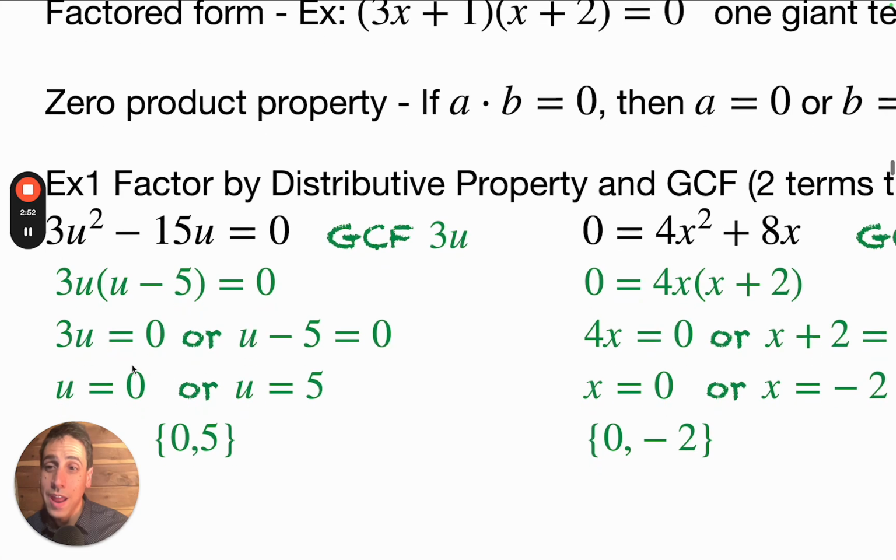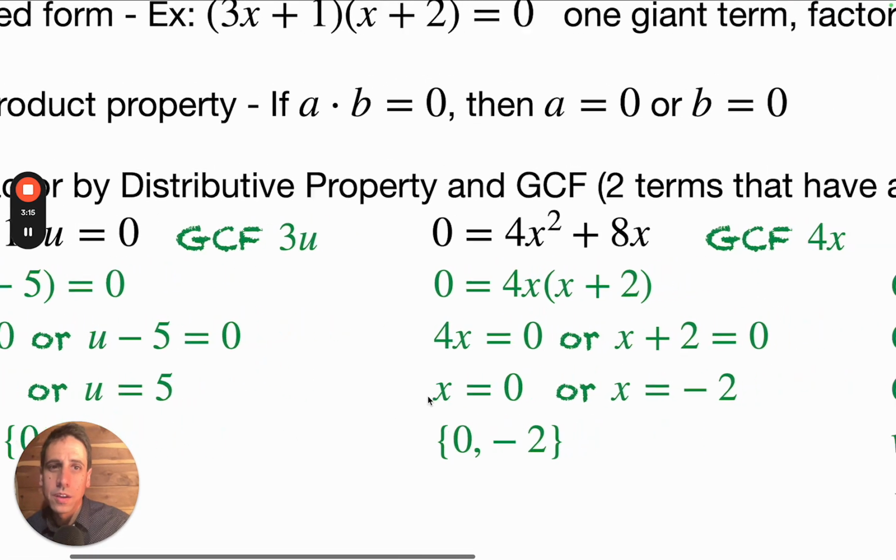And once you do that, now we're in a good place where we can undo operations like we did in Algebra 1. Now the equations are simple because they've been split into two different simpler equations. We can solve them. Undo the multiplication, undo the subtraction, and you get your two answers. The solutions are 0 and 5. You can express them in set notation like this.